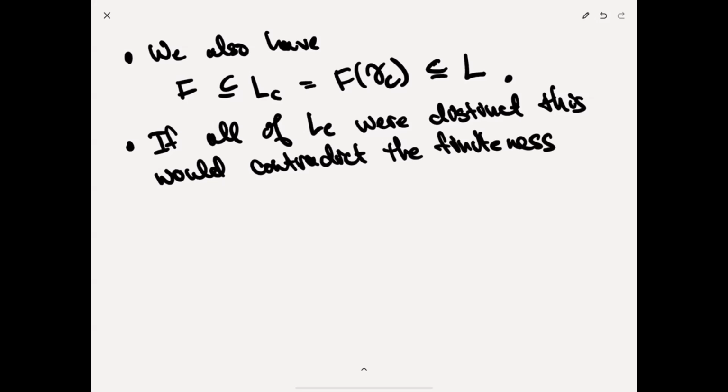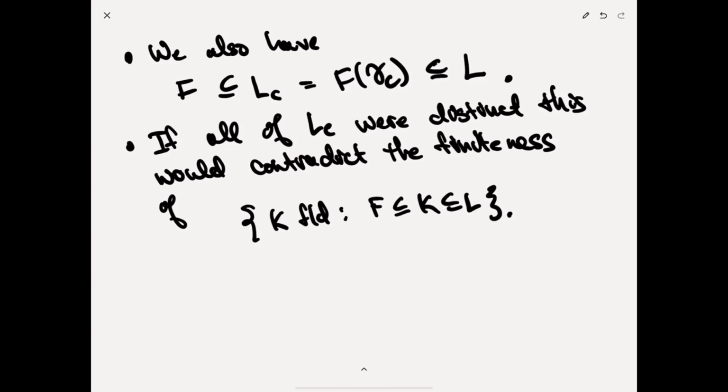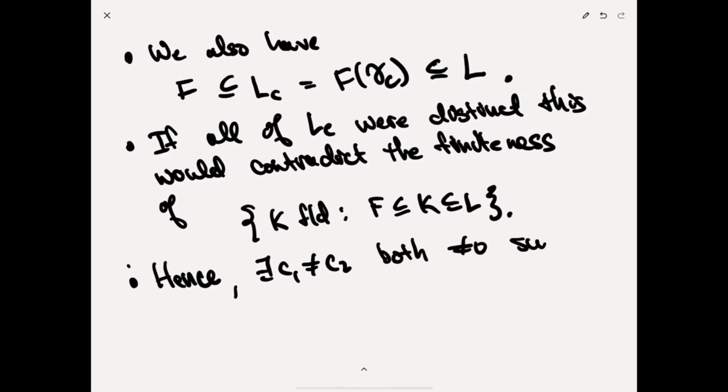So the finiteness, the fact that I said at the beginning, of the set of K's, which is a field, and K is in between F and L. Hence there must exist some C1 not equal to C2, both not equal to 0, such that the two fields are the same.